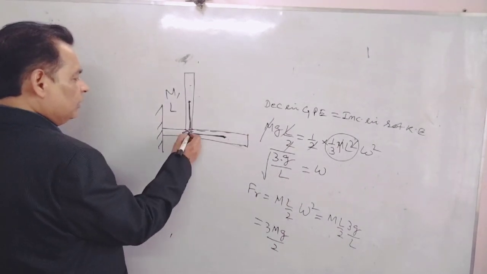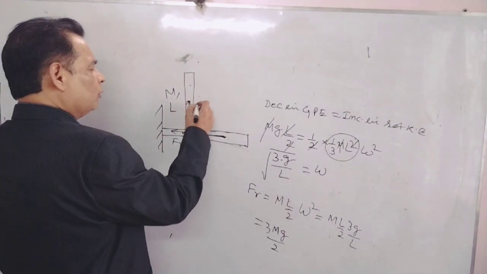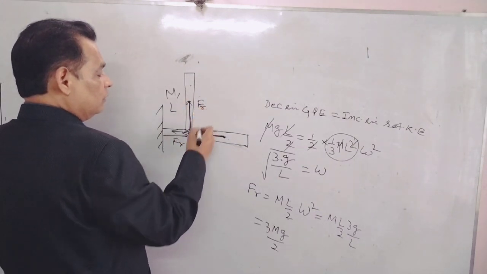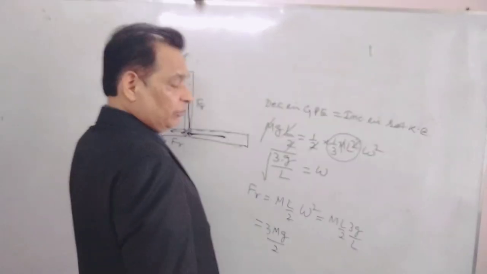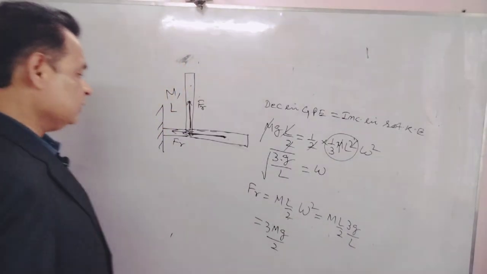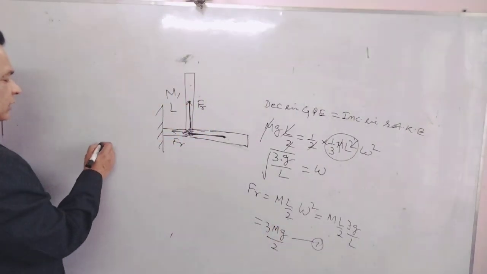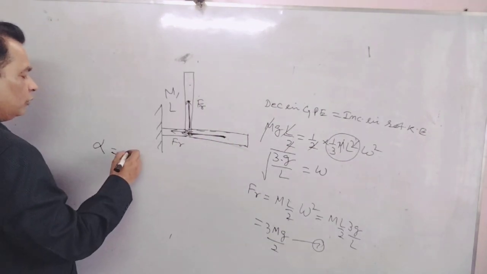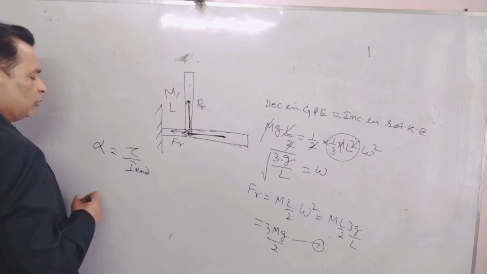In the same way, if there is radial force Fr, there would also be a tangential, vertical force. For this, firstly we should find out the angular acceleration. What about the angular acceleration of this body at this position? Torque by moment of inertia about one end.